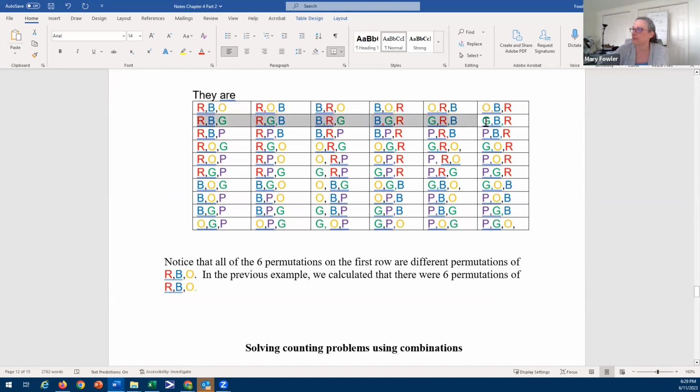Each row has that property that it's the same 3 colors, but rearranged. So we can consider each row like a subset, and all of the permutations in that subset are really equivalent when it comes to combinations, just grabbing 3 markers and going to our class.